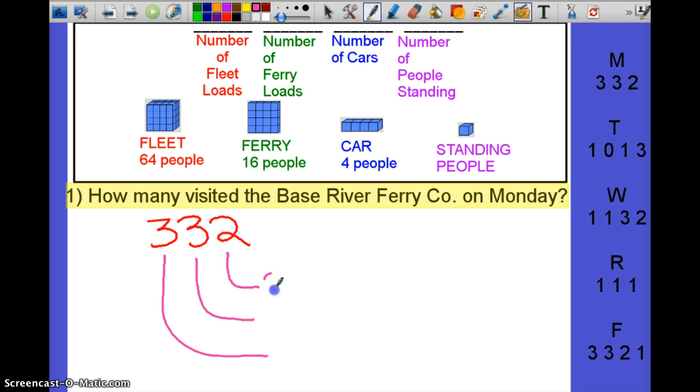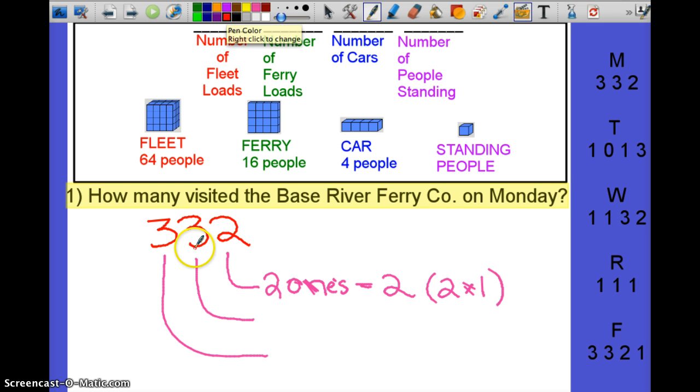So this indicates that there are 2 ones, which gives you 2 people total. Students will also sometimes write it like this: 2 groups of 1. Either is fine.